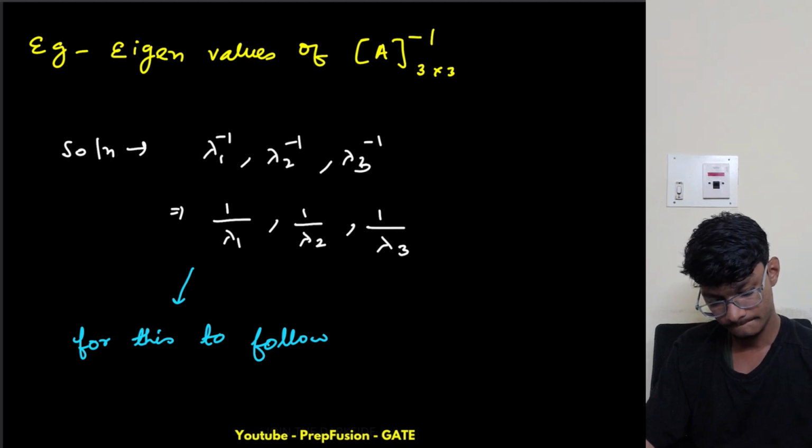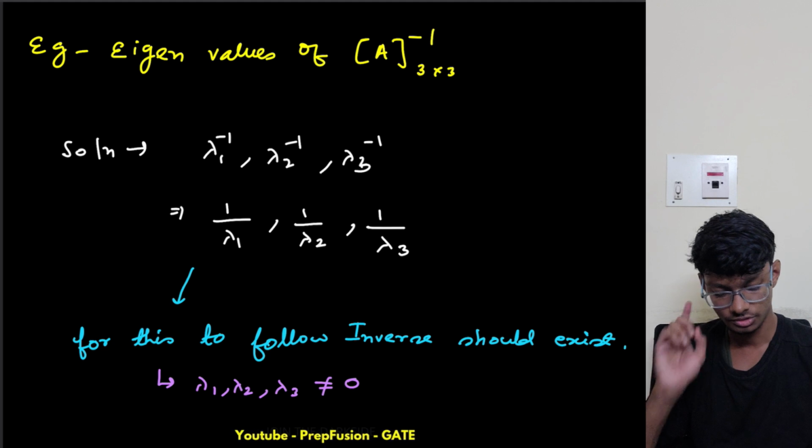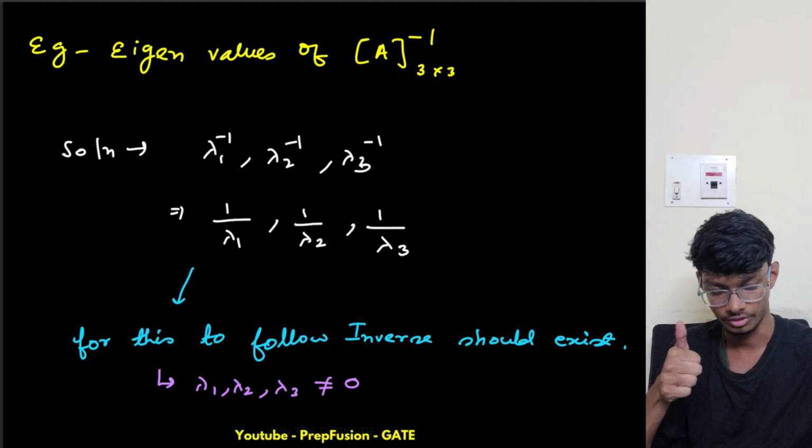So lambda 1, lambda 2, lambda 3 not equal to 0. This is one very important point.